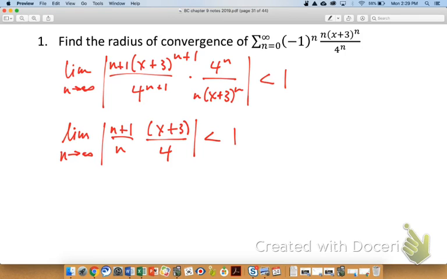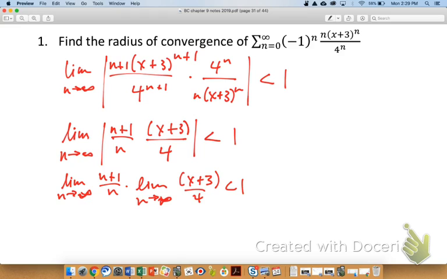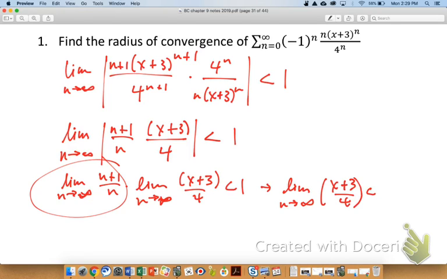And then you can apply the limit to both, so it'd be the limit of this times the limit of this. And this right here is 1. So that would give you just this, and of course there's no n anymore.